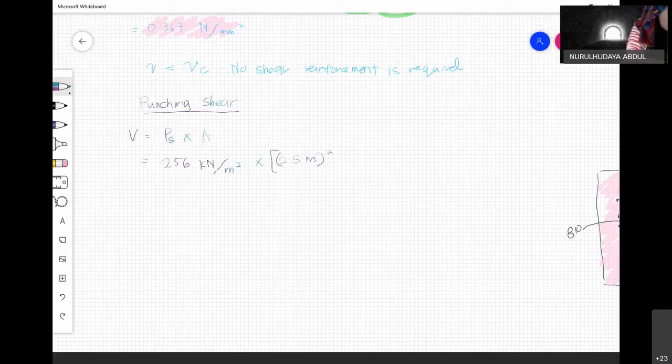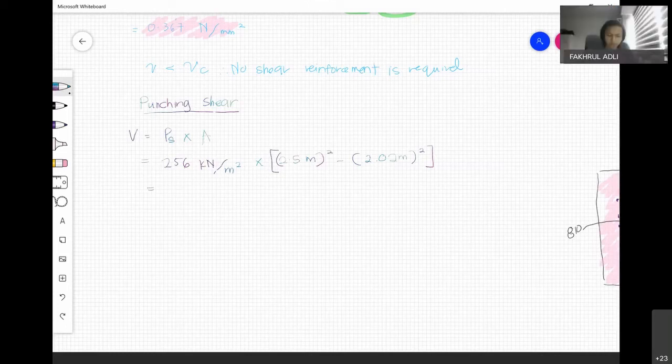And then kita tolakkan dengan 2.02, that 2020 tu tukar kepada meter and power of 2 juga sebab 2.02 darab 2.02 sama je. Fakro Adli berapa? 5.42 Miss. Tak dengar berapa?